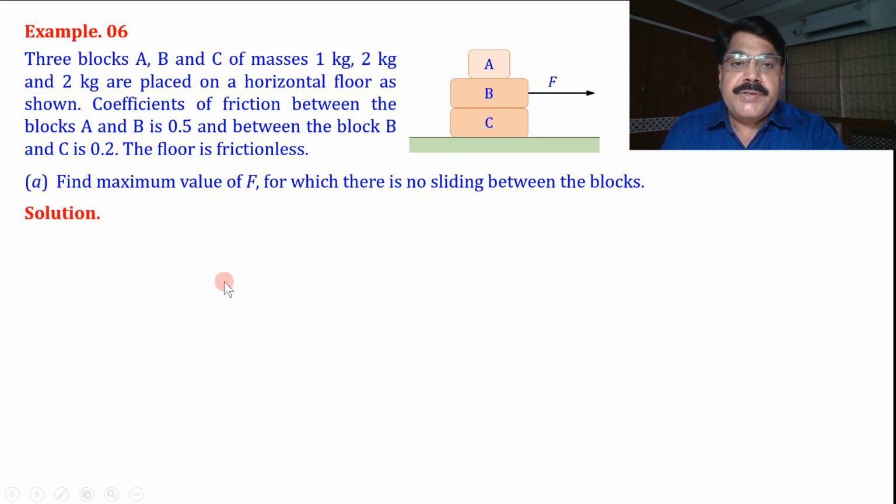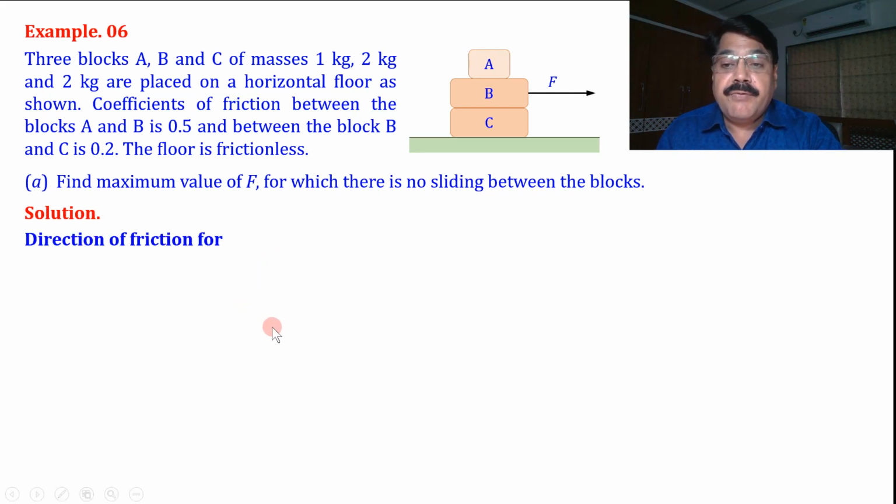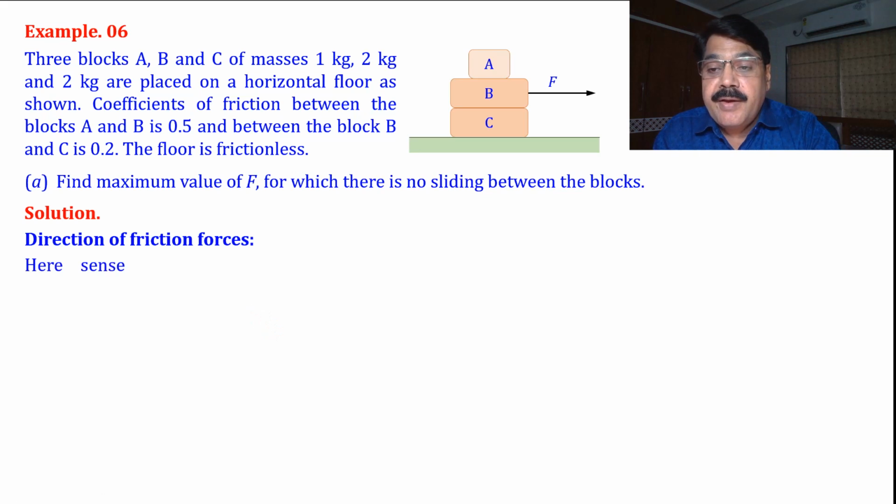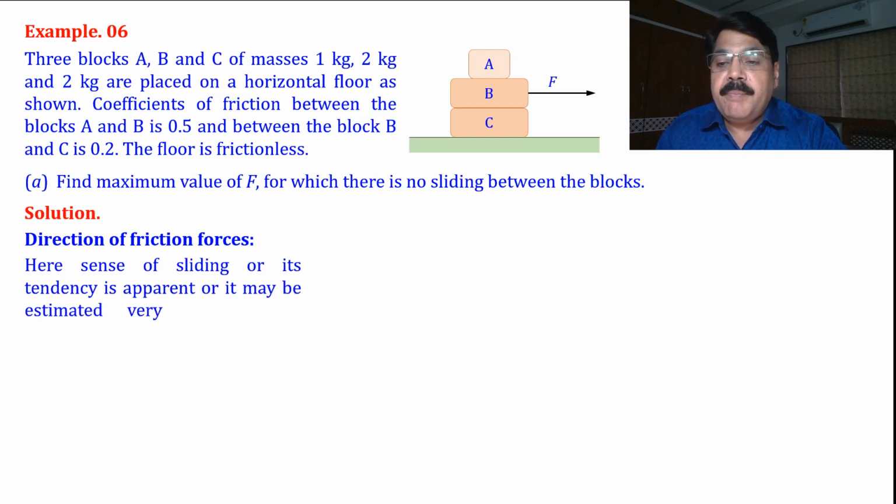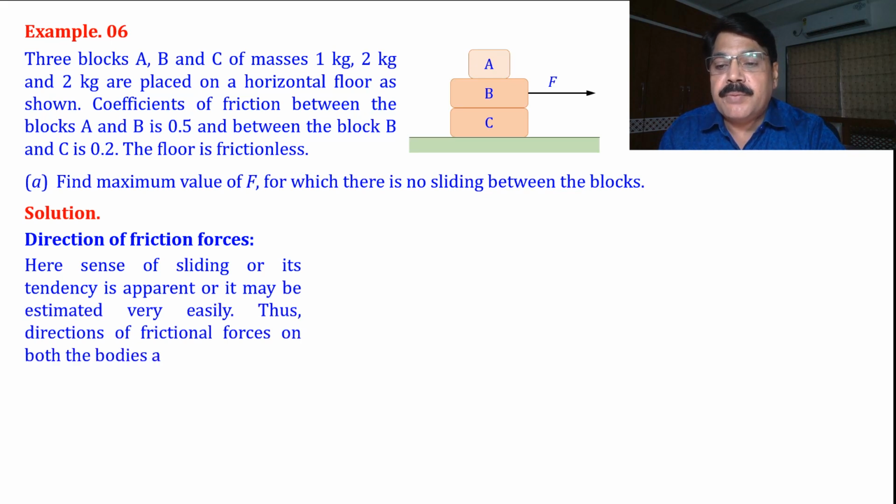So again we would see the direction of frictional forces. Here the sense of sliding or its tendency is apparent, or it may be estimated very easily. Thus the directions of frictional forces on both the bodies are shown in the diagram in this way. Force is applied here, so friction on A will be in the forward direction, on B in the backward direction.